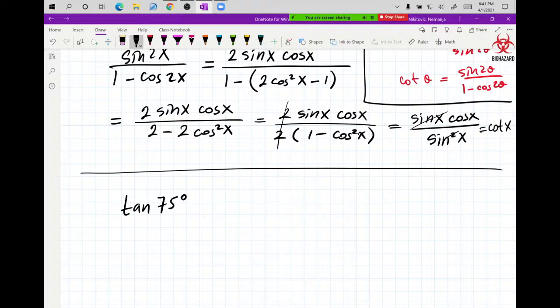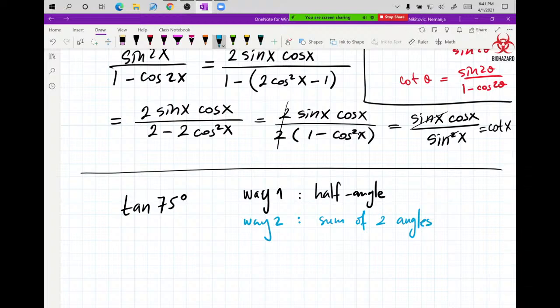So 2 ways. Way 1, half angle, and let's go blue. Way 2, sum of 2 angles.